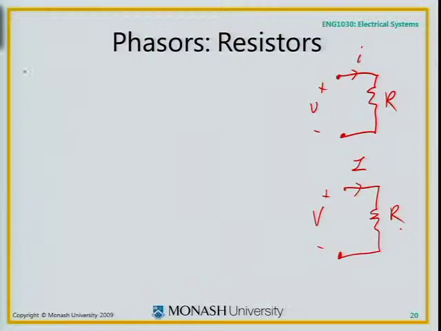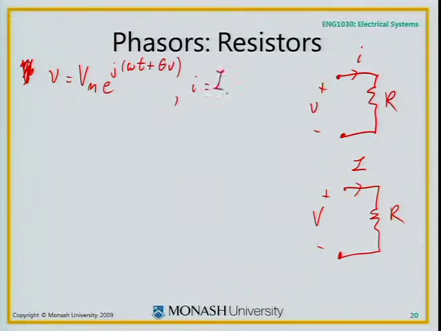Let's have a look. Let's suppose that I put in a complex exponential, Vm e to the j omega t plus theta V, and I'm going to put in say that the current is another complex exponential with some different amplitude and phase.